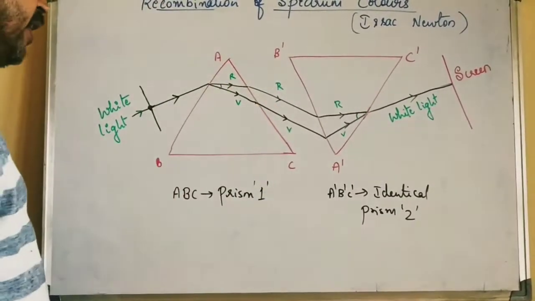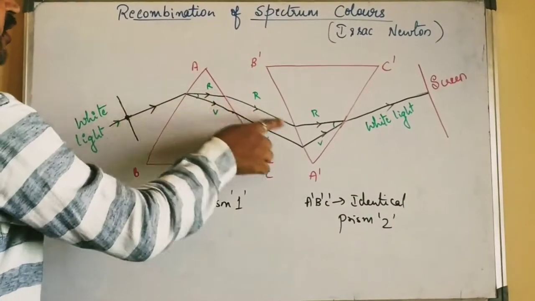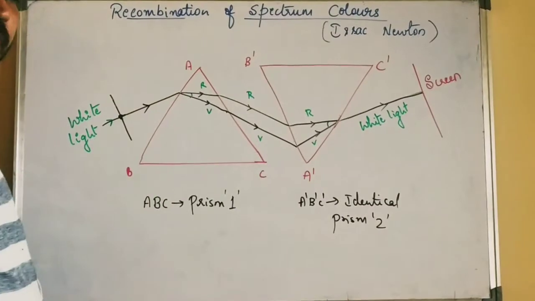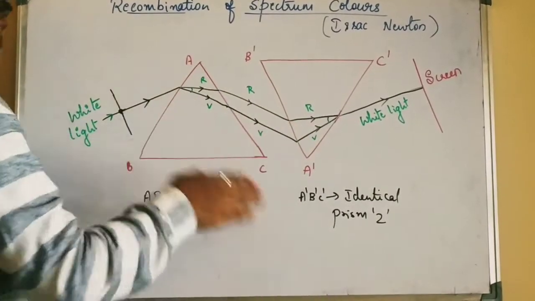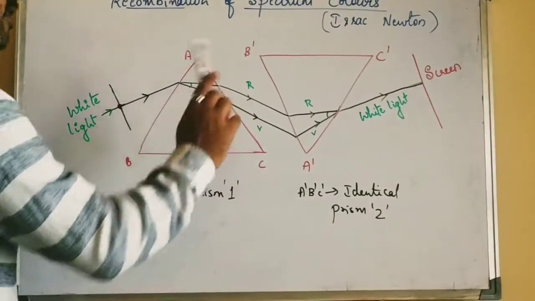Now please be very careful. If there was no second prism, the band of spectrum would have diverged or dispersed. That's why it is called dispersion.